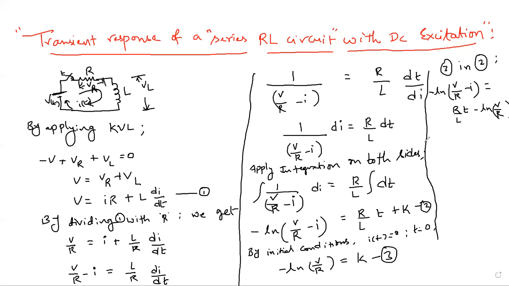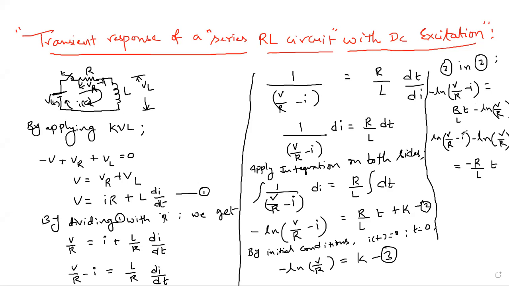So how can I remove? Right, shall I write like this? Check once. Just I'm taking this ln of V by R minus I to the right hand side and R by L into T to the left hand side, like that.